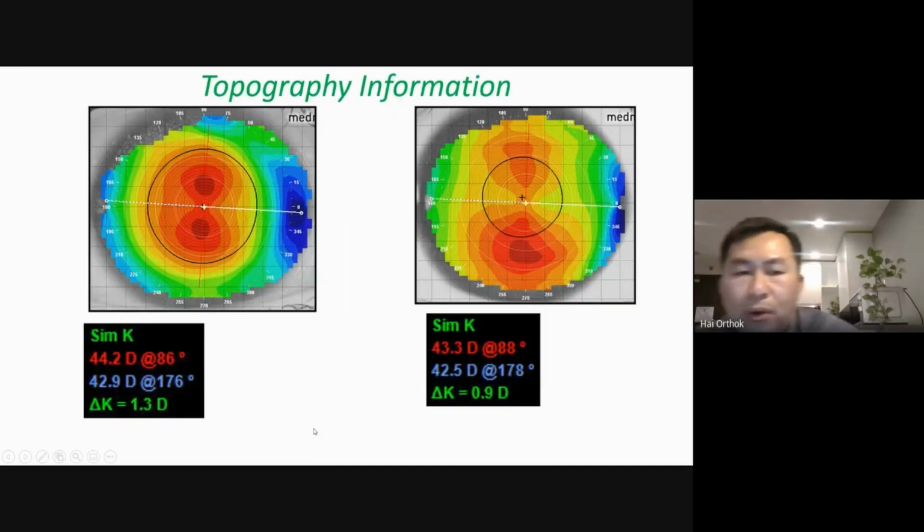When we have a topographer, for example, in this situation, even though we have a delta K of 1.3 diopter, it's a central cylinder. It is within the 6 millimeter diameter, because one box is 1 millimeter. If you see only a 6 millimeter diameter like this, and the alignment curve out here is at 8 millimeter, this eye doesn't need the premium lens or toric lens to center.